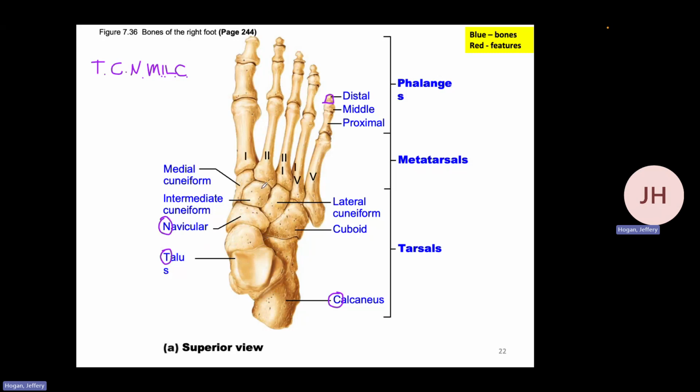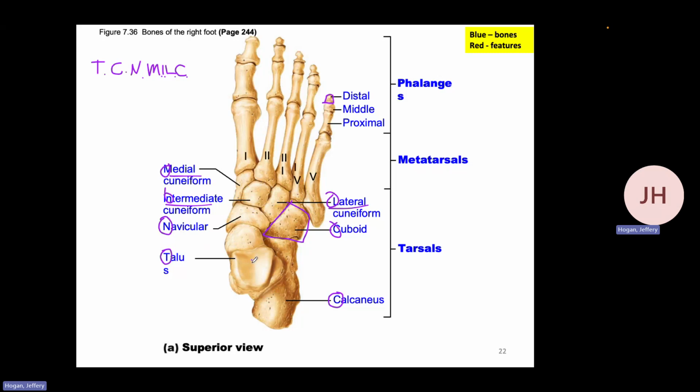And then moving forward again, we have the medial, intermediate, and lateral cuneiform bones, MIL. And then finally the cuboid, which anchors the lateral part of the foot under digits 4 and 5, is our C in milk.